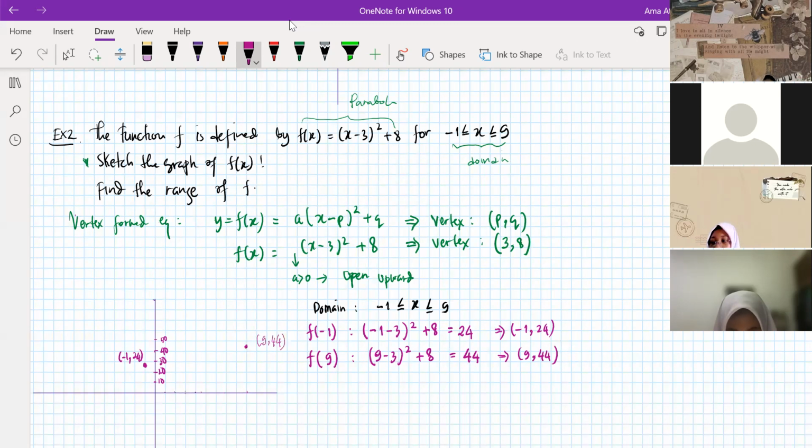And then the vertex is at 3 comma 8. 1, 2, 3, comma 8. So 8 is here. So it is 3 comma 8. So my parabola will be like this.